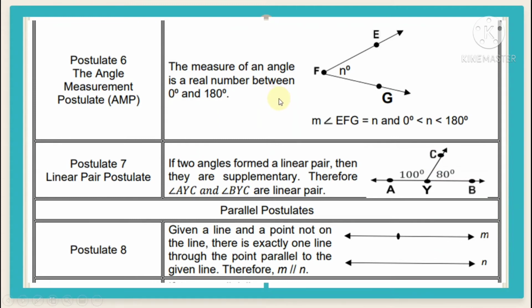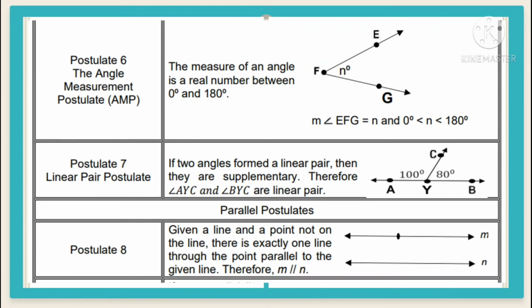Postulate number 6, the angle measurement postulate. The measure of an angle is a real number between 0 degrees and 180 degrees. So, the measure of angle EFG is equal to n, between 0 degrees and 180 degrees.